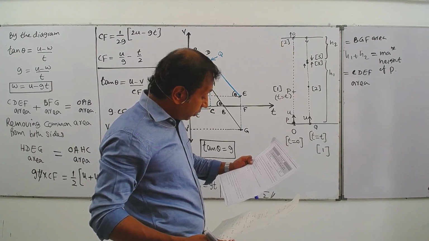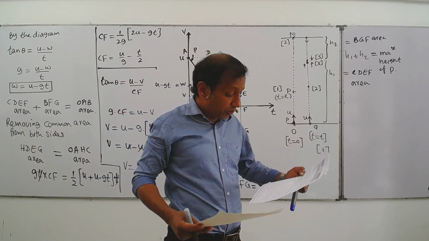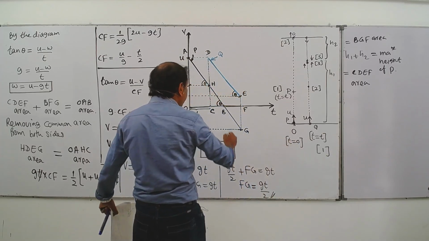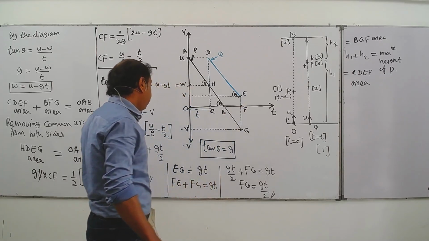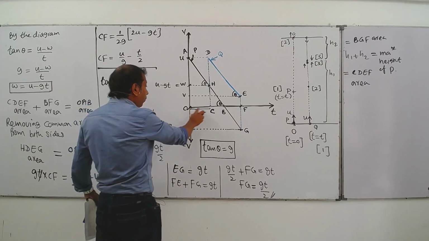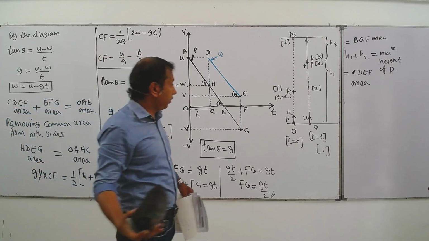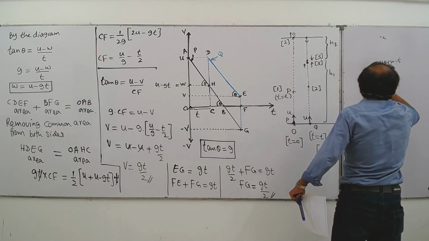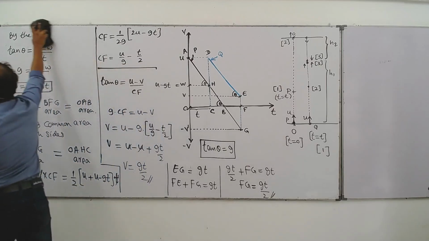The third one asks for the time after which the two particles meet, from the instant of projection of the particle P. That means the time asked is from O to F. The OF time we can write as OC time plus CF time.